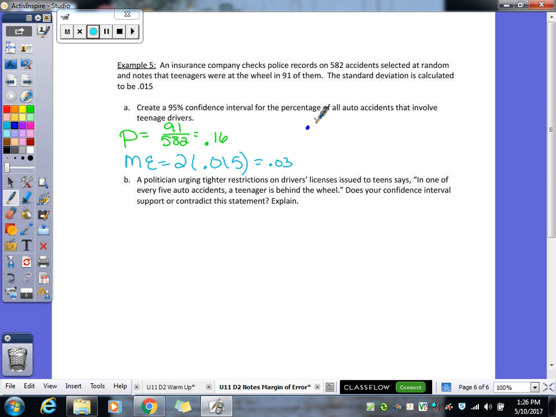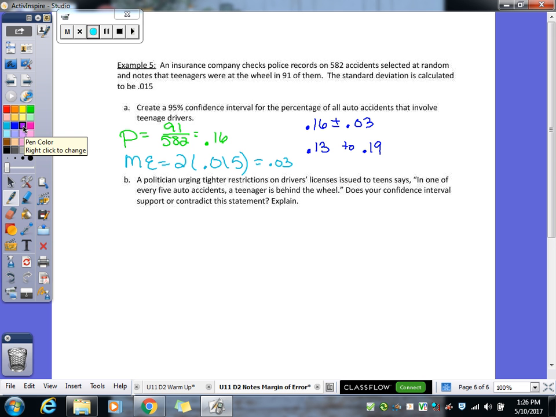So then our P plus or minus our margin of error would give us 16% minus 3%, so 13%, up to 19%. So there's our 95% confidence interval.